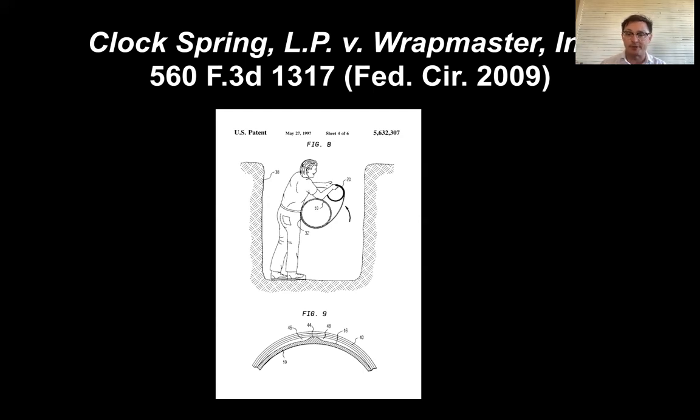And Klopfenstein comes back saying, no, we did demonstrate the method, but we were doing so for the purpose of experimenting on the method itself in order to determine the best way to do it. And the court essentially rejects their argument on the merits. It says, no, you were just showing people how this worked, right? You weren't trying to refine the invention or determine how to accomplish the invention's goal most effectively.